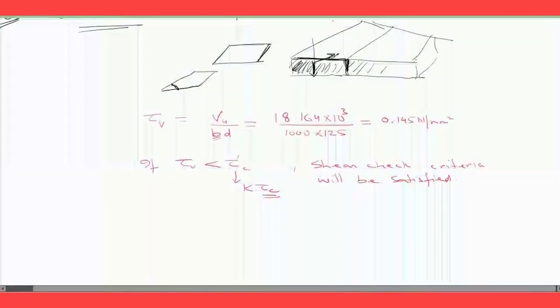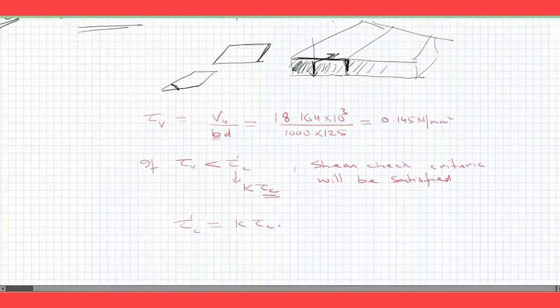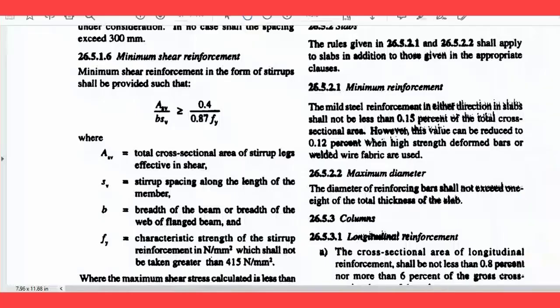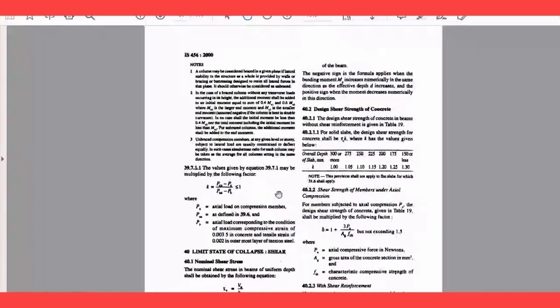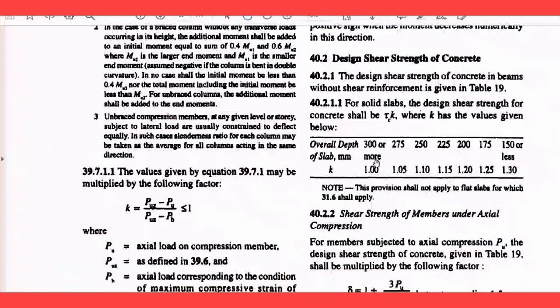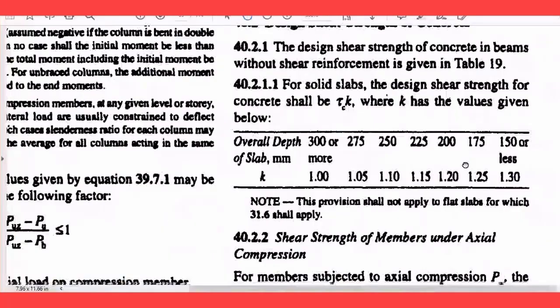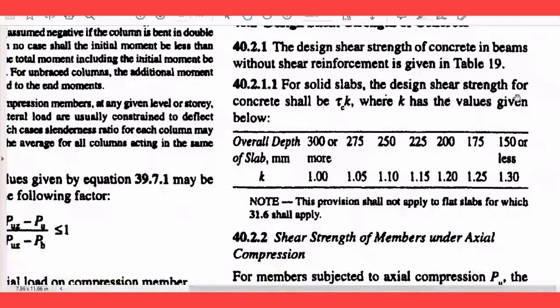We have already computed tau v. Let us compute tau dash c. So tau dash c is equal to k into tau c. Let me show you how you are going to get the value of k. It is there in clause number 40.2.1.1. Written for solid slab, the design shear strength for concrete shall be tau c into k.